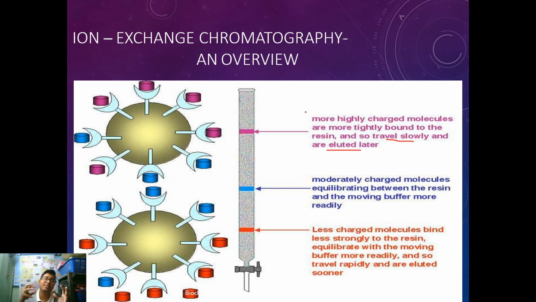If the attraction is high, it will be eluted later. If the analyte is moderately charged, not a strong anion or a strong cation, it will be separated in between the strong cation and the strong anion. And lastly, the one which carries the same charge as the resin will not adhere and will come out absolutely at the start.